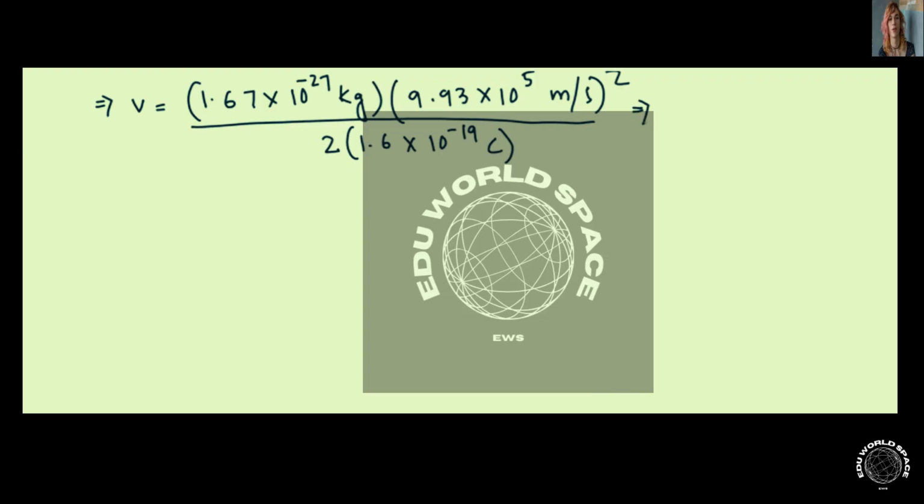We solve it and we get the potential, which is capital V, to be 51 volt.